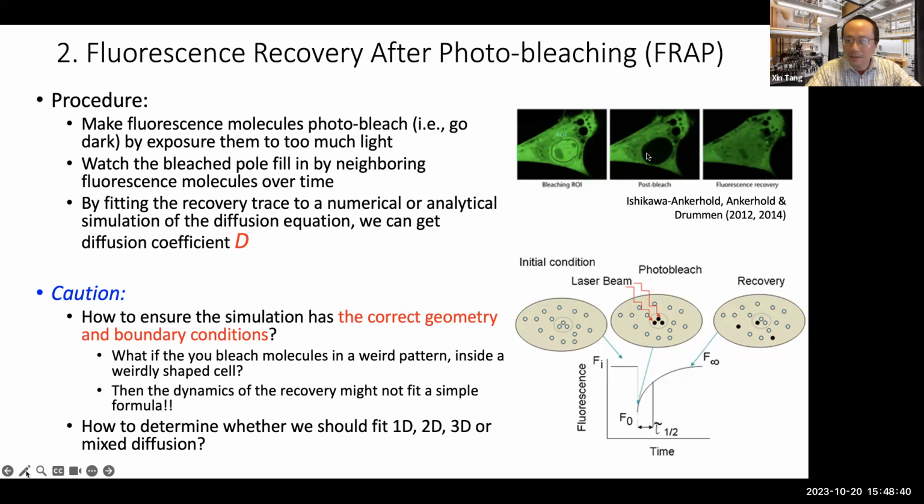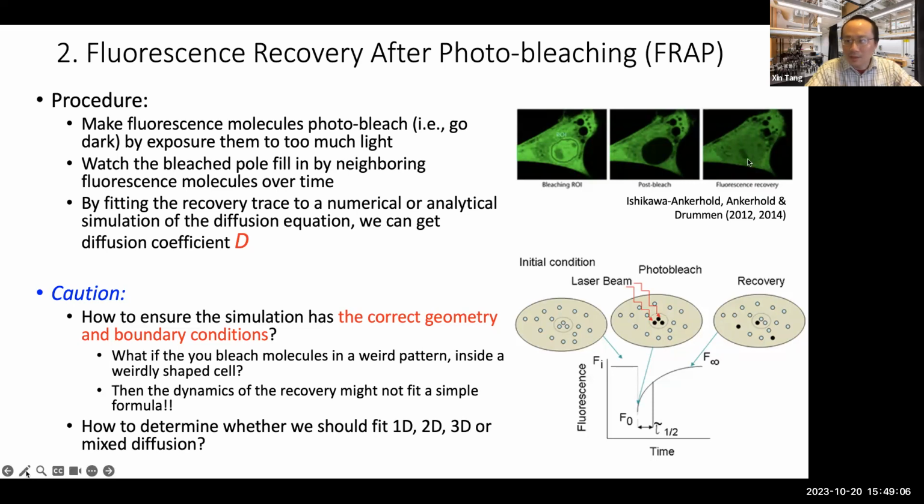Okay, so you can see the center part here, close to the nucleus, has no fluorescence now because the people used light to concentrate on this region. So they're gone. This region becomes darker, which means the fluorescent protein lost its emission capability, but the protein can still move.